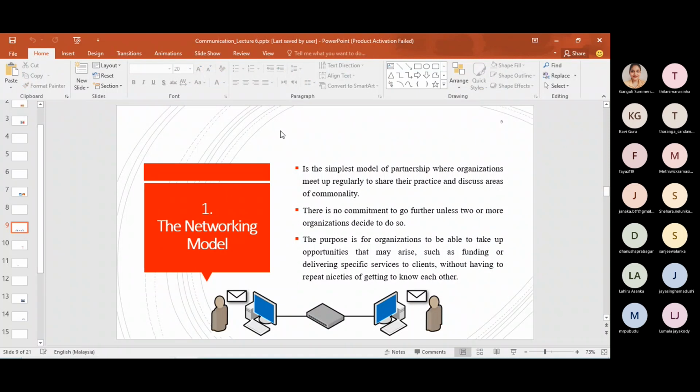And there is no commitment to go further unless 2 or more organizations decide to do so. When it comes to the networking model, usually there is no commitment or intention to go further in the partnership unless 2 or more organizations decide to do so.